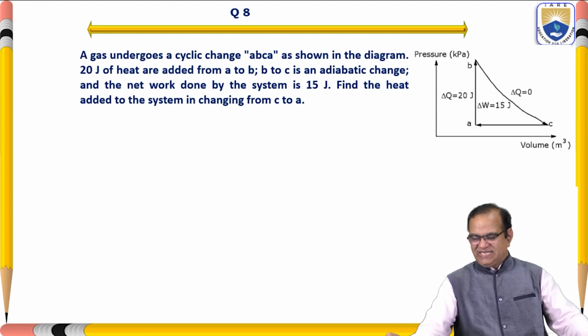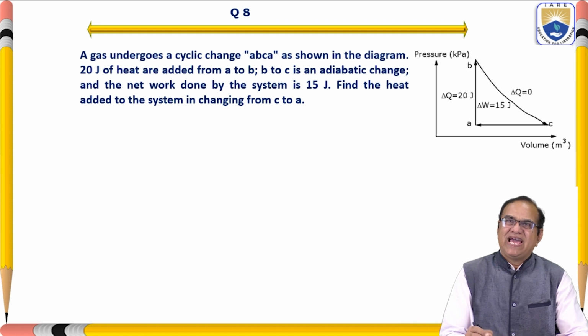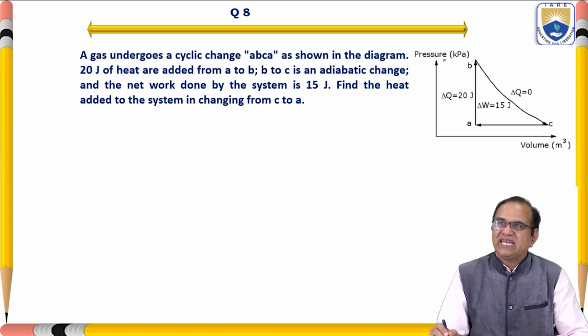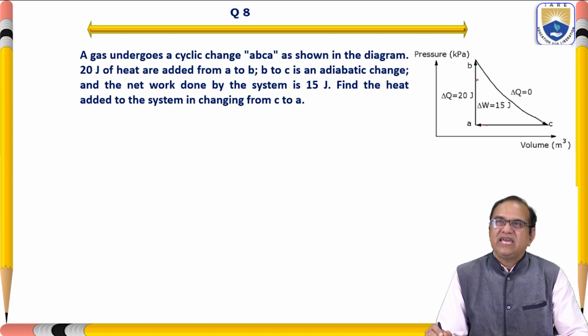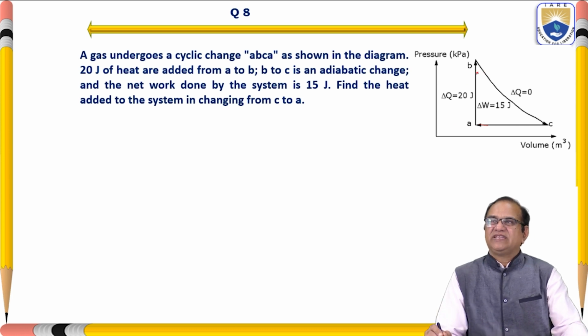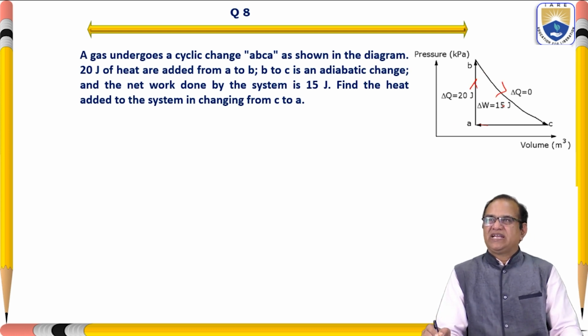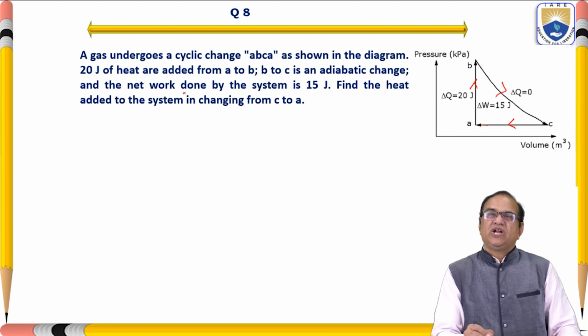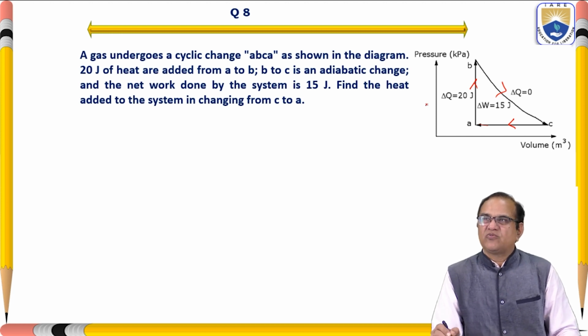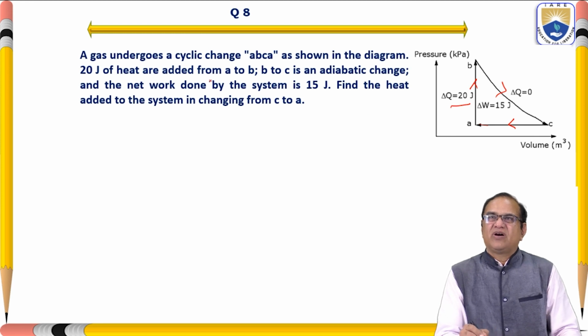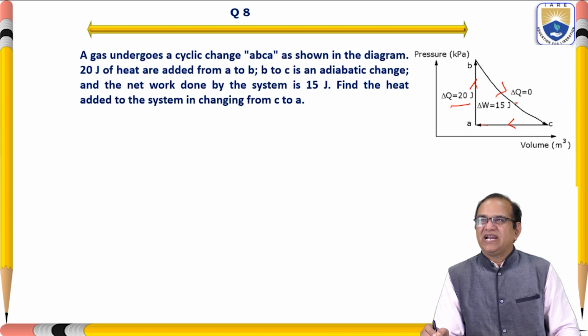So you can see the diagram here, that a gas undergoes a cyclic change A, B, C and A. It is moving in this direction. 20 joule of heat is added from A to B. B to C is an adiabatic process, so here delta Q is equal to 0.